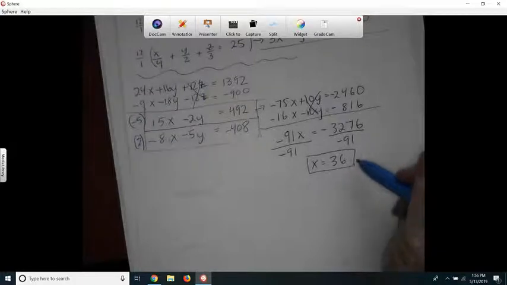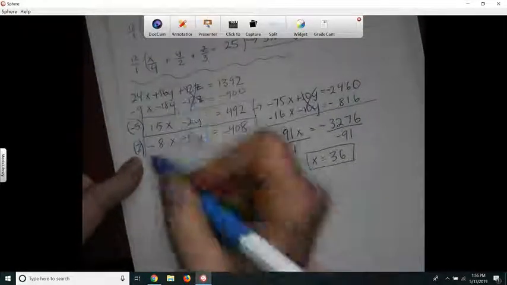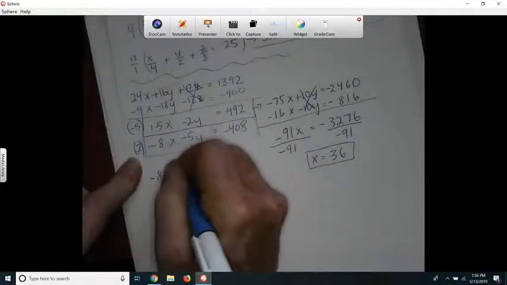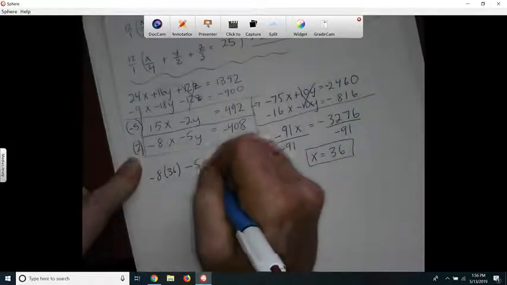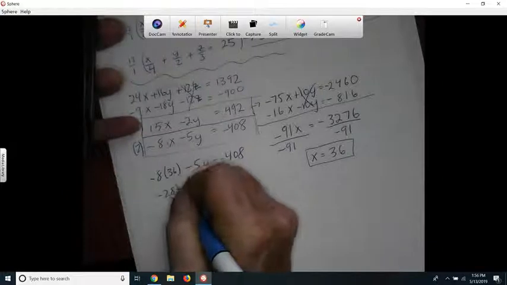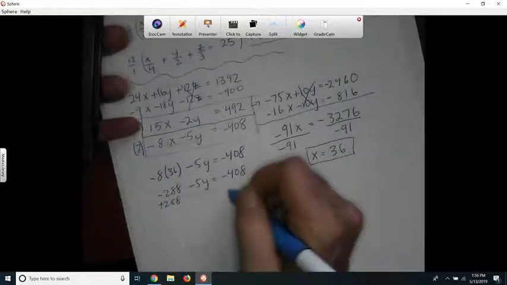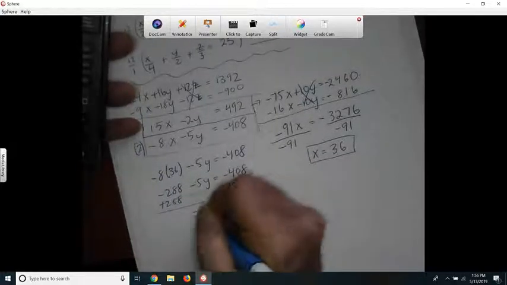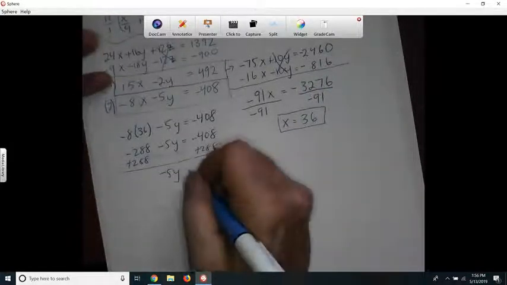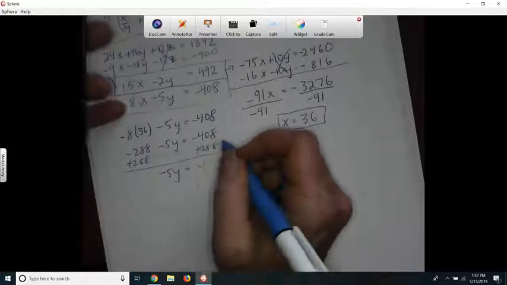X is 36. So now what's left is to find y and z. I would use, maybe this equation looks okay. I can just use this one. So 36 times 8, and I got negative 120.